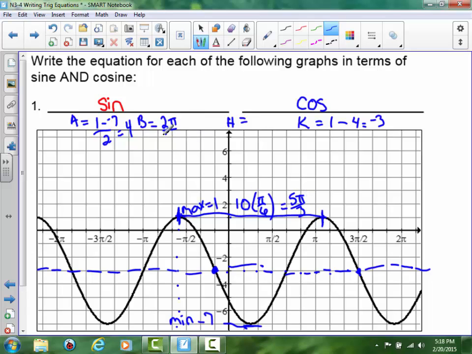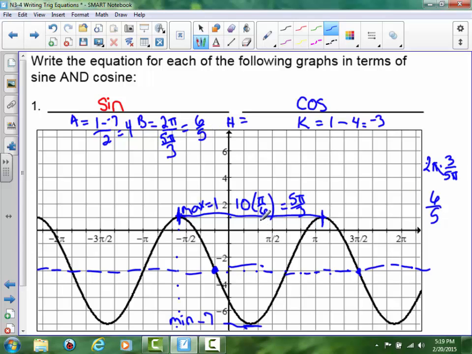Okay, so 2 pi divided by 5 pi over 3. So we could rewrite that. Let's take that over to the side. So that'd be 2 pi times 3 over 5 pi. Pi's cancel. 2 times 3 is 6 over 5. So b is going to be 6 over 5.